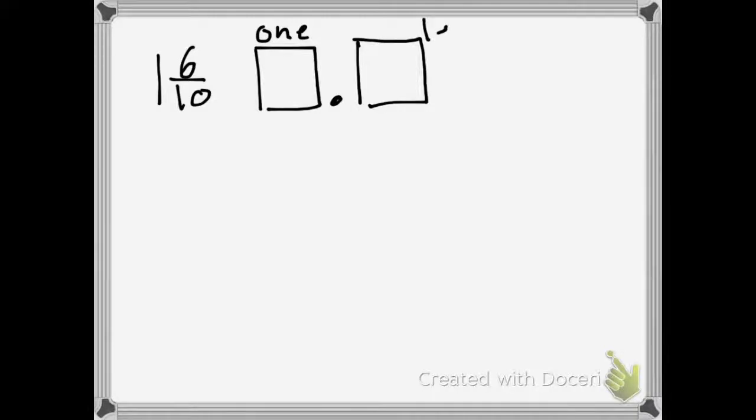My tenths here. I have one whole, 1, 2, 3, 4, 5, 6/10. So I see that there's 1 6/10, and so I would write that 1.6.